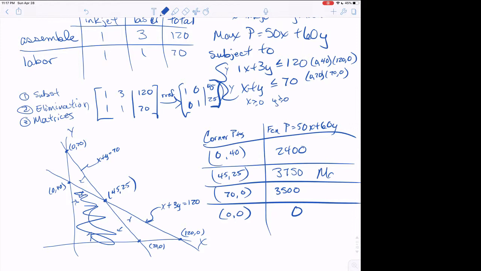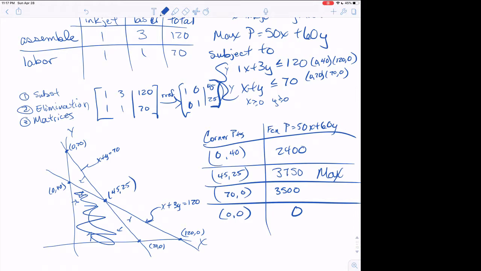So this is my max. So what this means is the maximum profit is $3,750 when 45 inkjet printers are made and 25 laser printers are made.